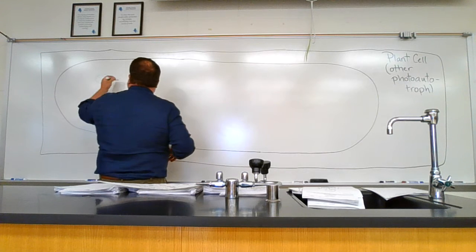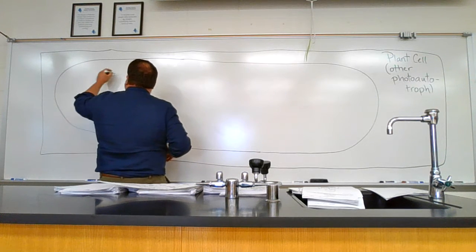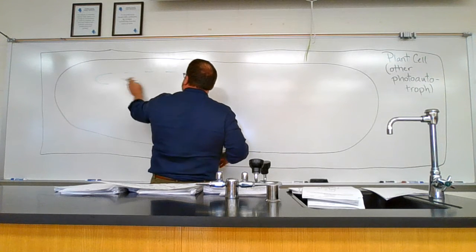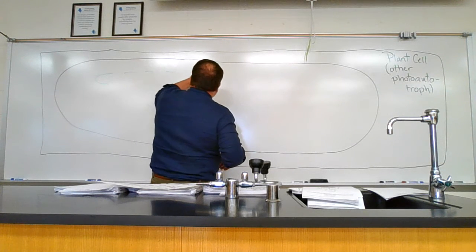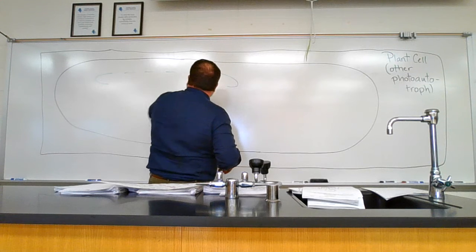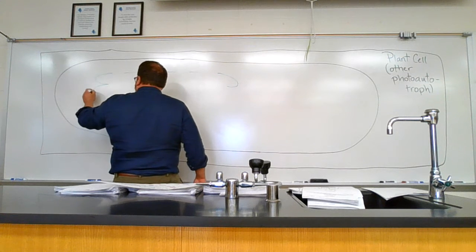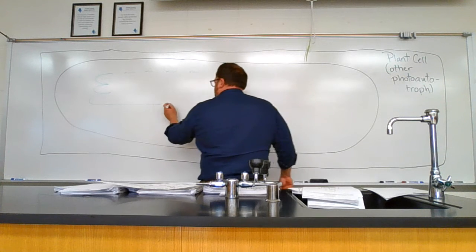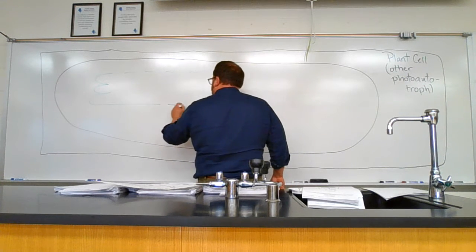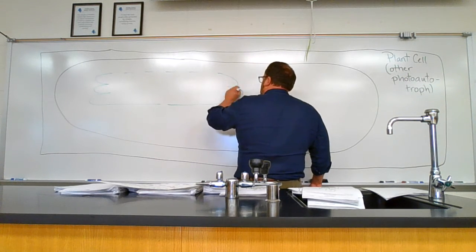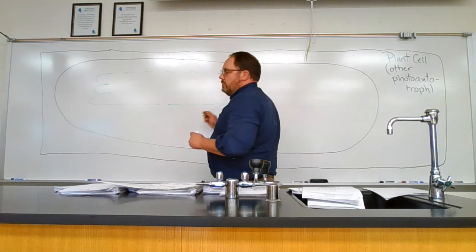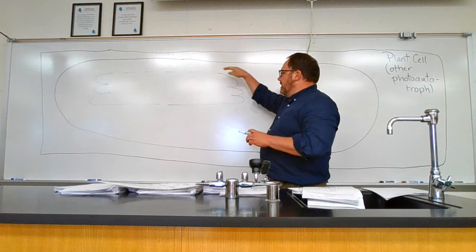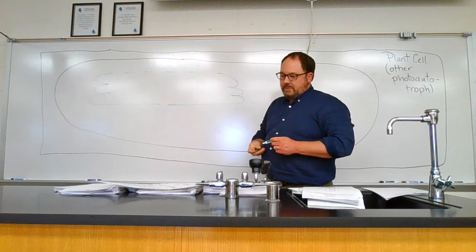So we're going to make 5 little gaps here: 1, 2, 3, 4, and 1 more. And then we'll make a stack of membranes. It's called a granum. We'll make another little gap down here. All right. So here is our thylakoid membrane in green. Again, it looks like a stack, and we've got some gaps in here.